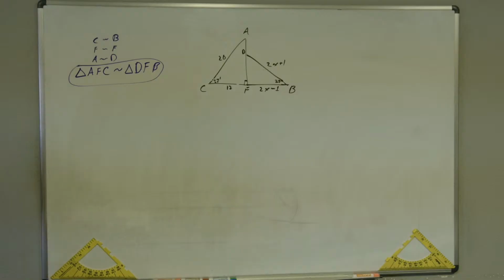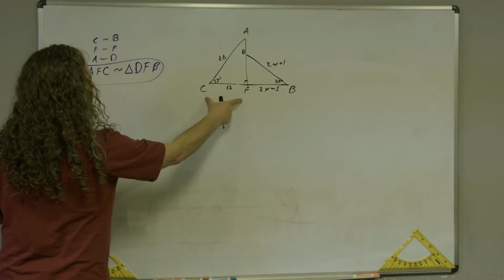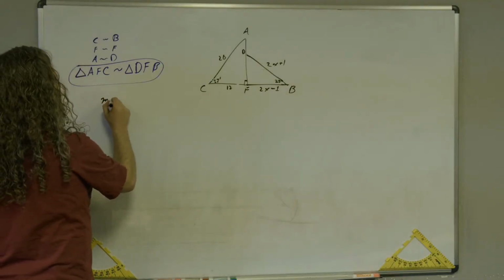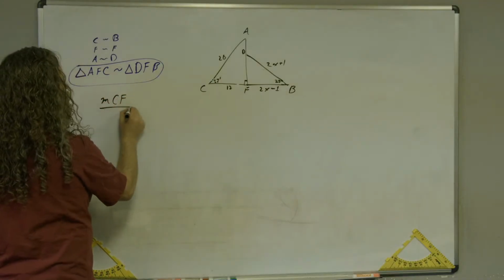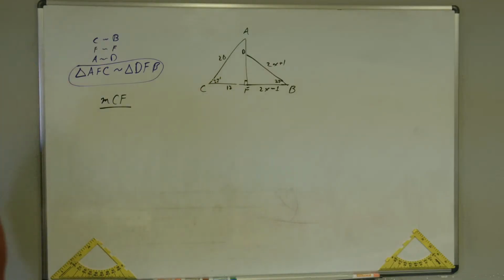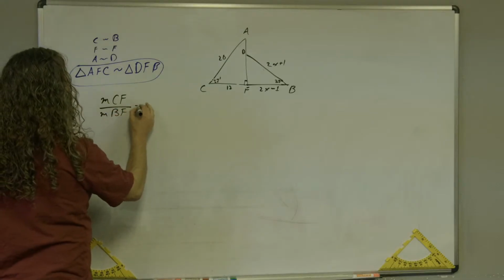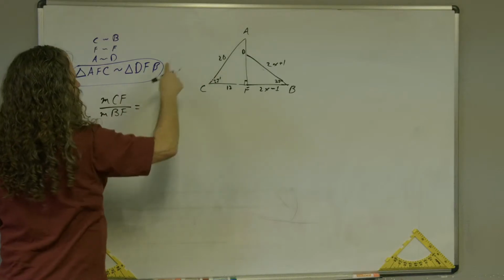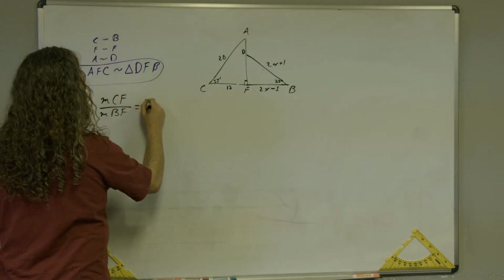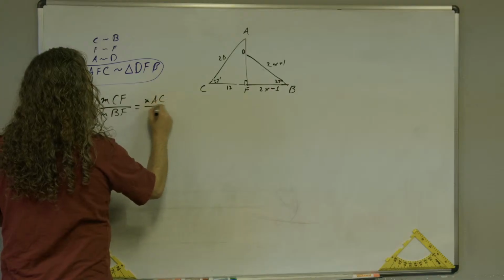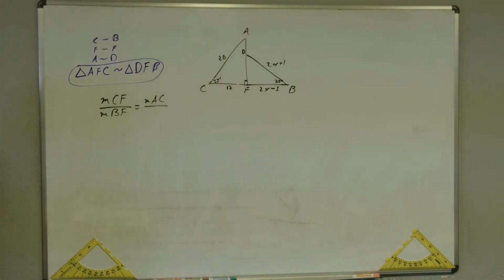So, CF goes with which one on the littler looking triangle? BF. And then AC goes with which one on the littler triangle?